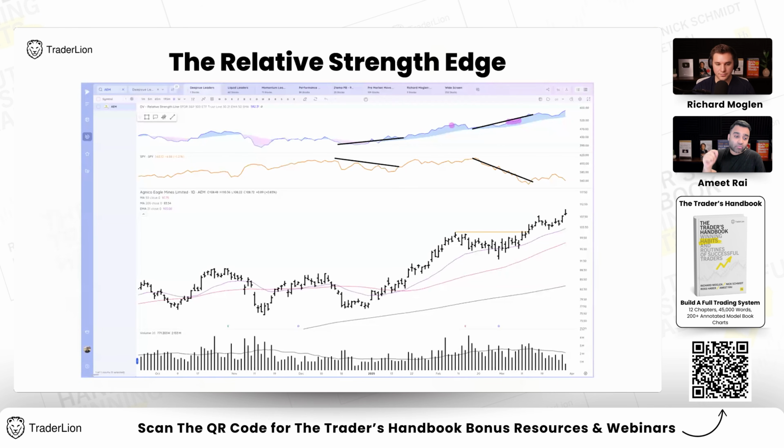Plotting the relative strength line of BABA versus KWEB will tell you that BABA is the top name within KWEB, and nothing else, right? And plotting it versus the market will tell you that when the market pressure was on and the stock was supposed to go down, it didn't go down, right?